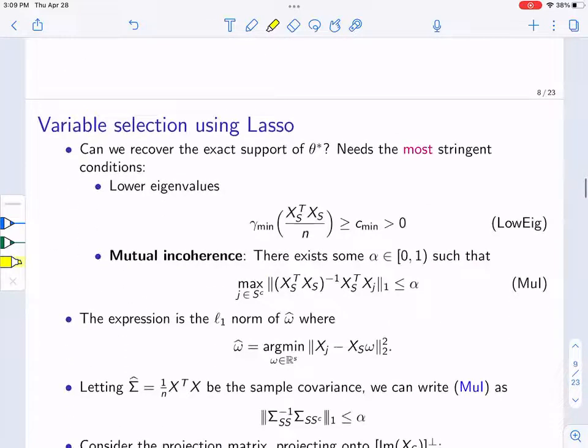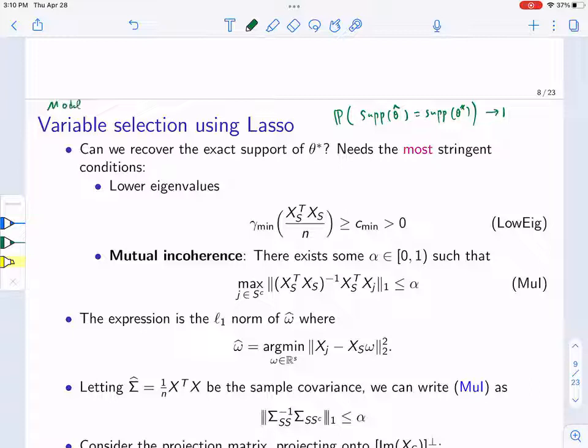Basically, can I say that with high probability, the support of theta hat is equal to the support of theta star? So let's say this goes to 1 as the parameters go to 0. The support is the subset that is non-zero. Sometimes this is referred to as exact recovery or the model selection problem for Lasso, or variable selection.